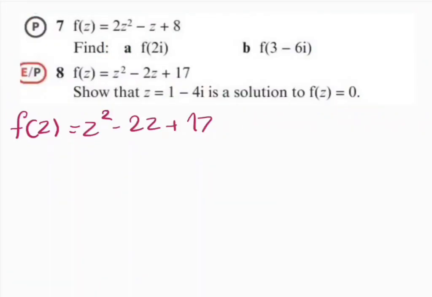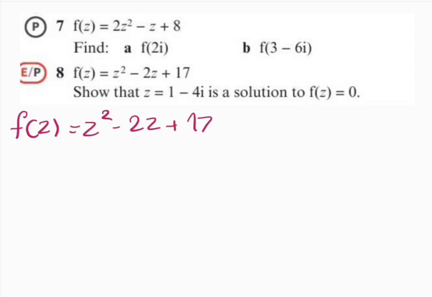8. f of z is equal to z squared minus 2z plus 17. Show that z is equal to 1 minus 4i is a solution to f of z is equal to 0. So again, you have probably done many of these with just real functions, and so what we do in general is that when we have a value, we substitute it into the function.